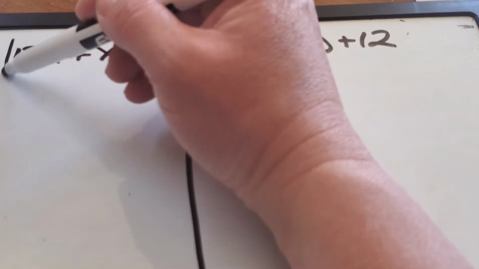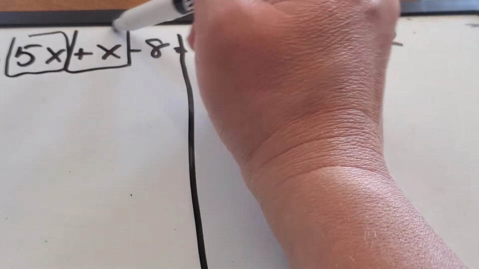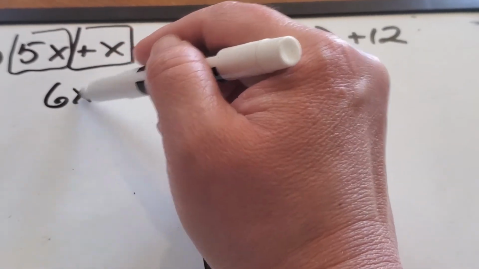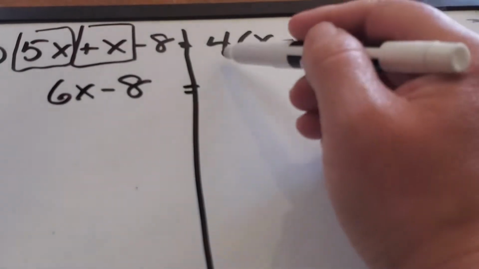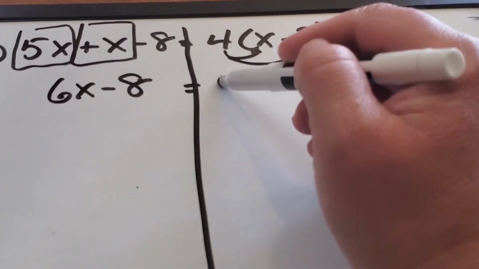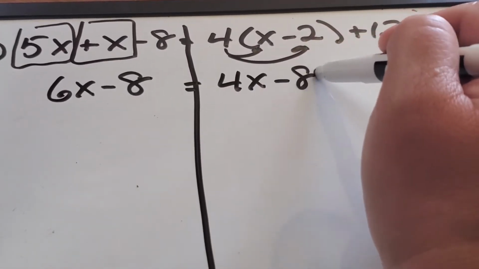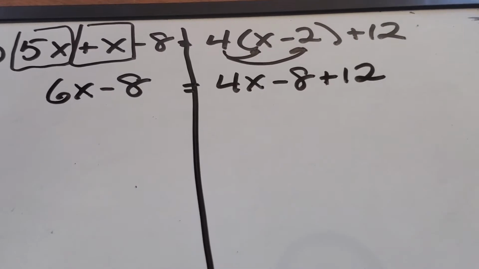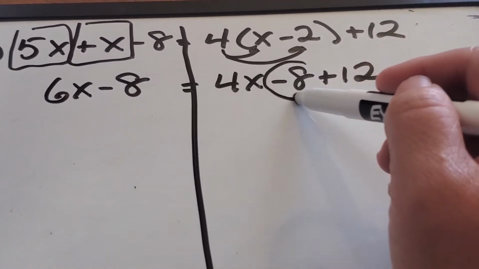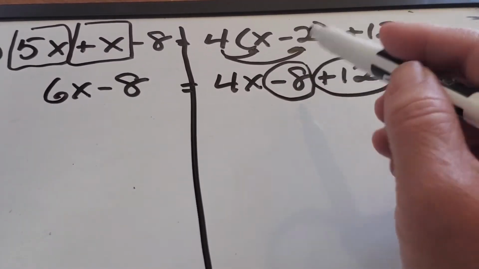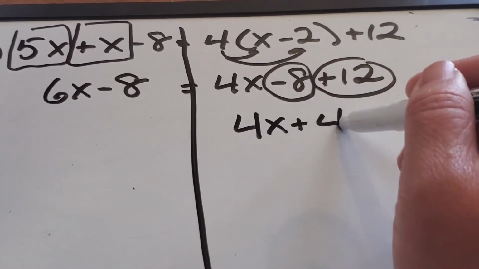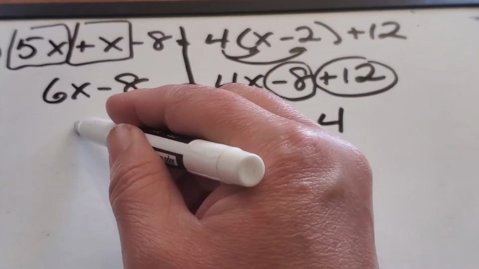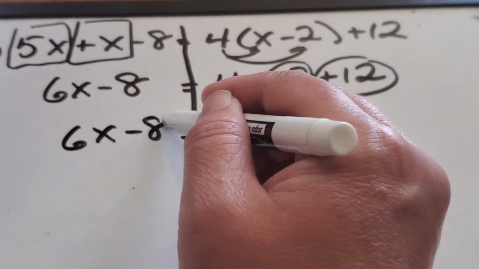So on the left side, I can combine my 5x plus my 1x, and this side is going to be 6x minus 8. Over here, I can distribute the 4, and I get 4x minus 8 plus 12. Notice I can also combine like terms here. I've got a negative 8 plus 12, which is a positive 4. So that's going to say 4x plus 4 equals 6x minus 8.